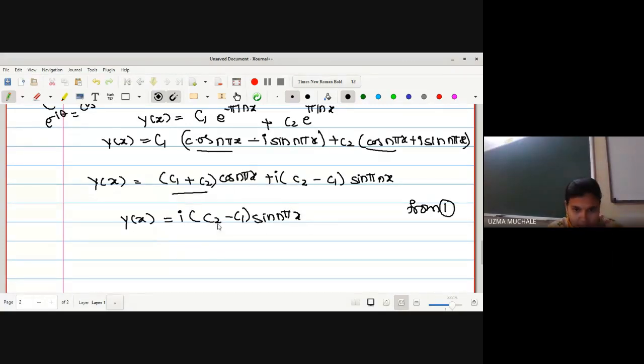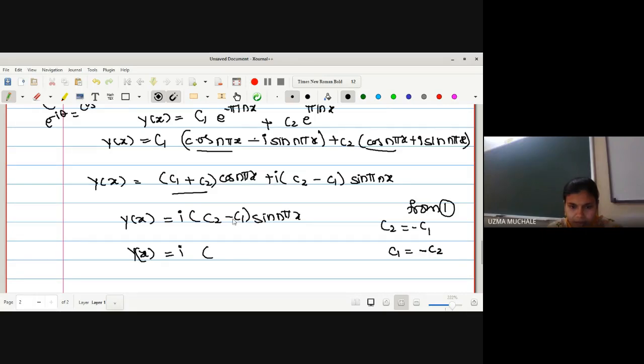Now we can write this C2 is nothing but minus of C1. So what we can write is y of x is equal to i times C2, which is nothing but minus C1, or you can write C1 is equal to minus C2.